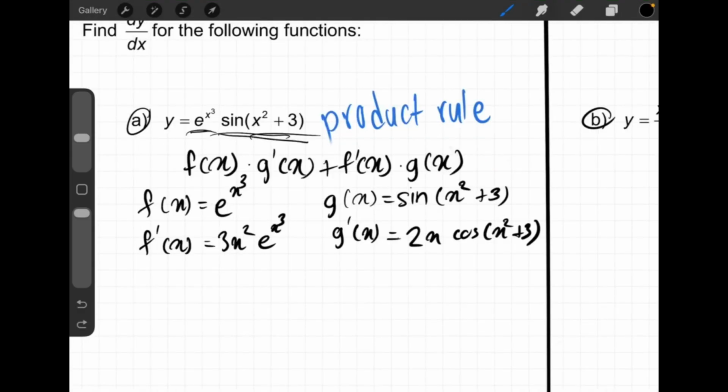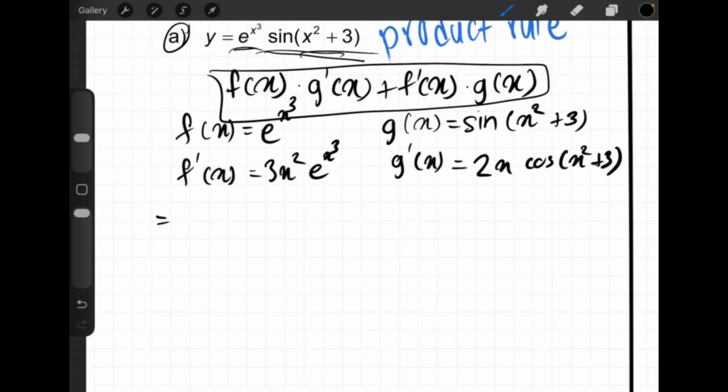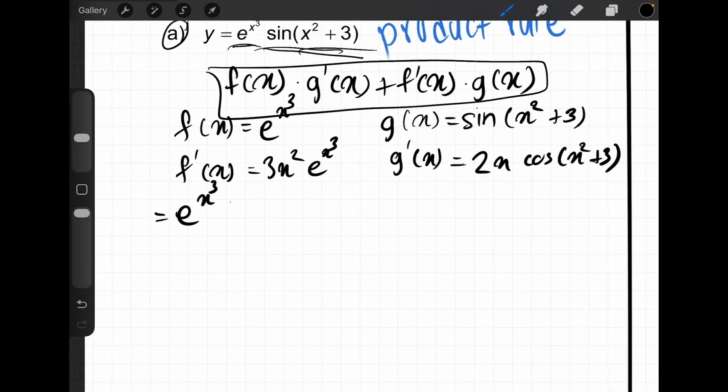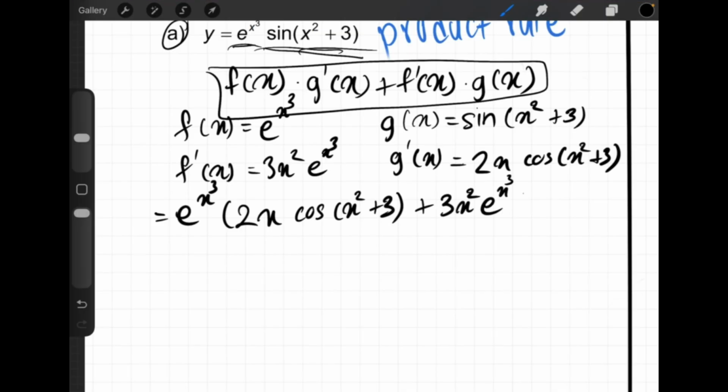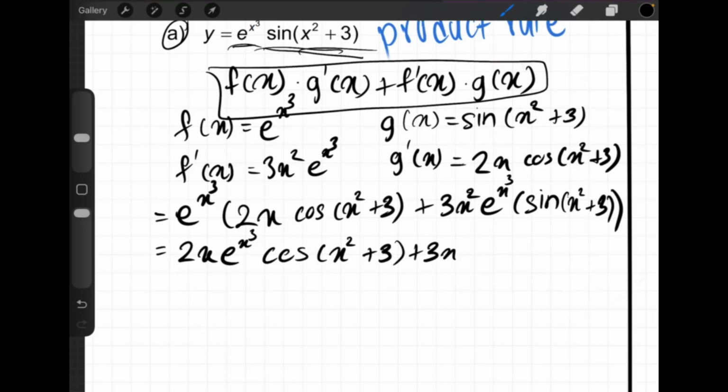Next, we need to arrange this so it becomes like this. Then we have to simplify and rearrange it so it becomes, and that's it, that's the answer.